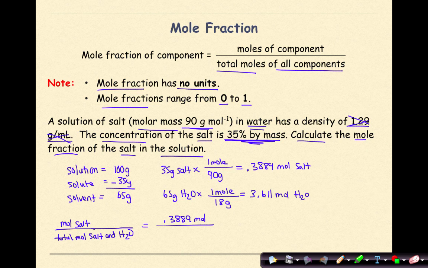And my total moles, if I add up my 0.3889 and my 3.611, is a total of 3.999 moles. And if I divide those two, my mole fraction is 0.0972. And that is how you find the mole fraction of the salt in solution.